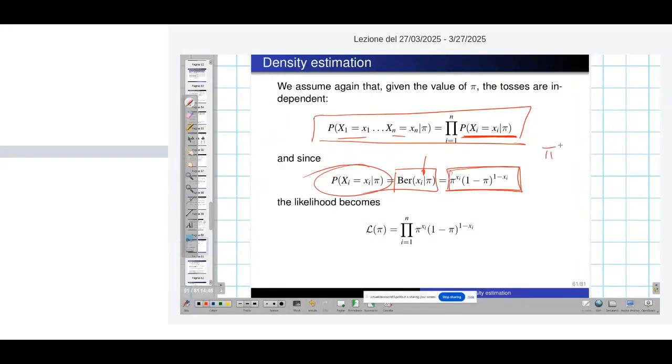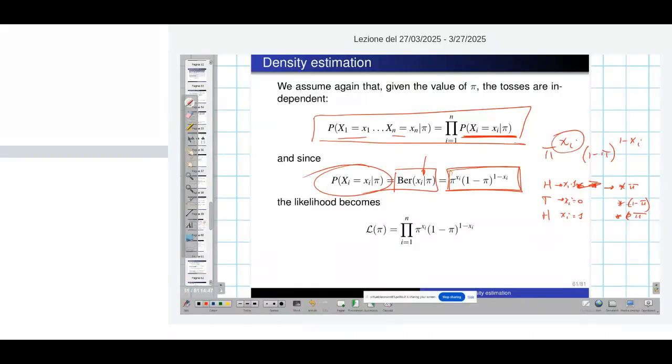It's pi to the power xi, where xi is the observed value, times 1 minus pi to the power 1 minus xi. So for example, if I have head, tail, and head, here xi will be equal to 1, xi will be equal to 0, xi will be equal to 1 again. So this will introduce a multiplication by pi, then 1 minus pi, and then pi again.